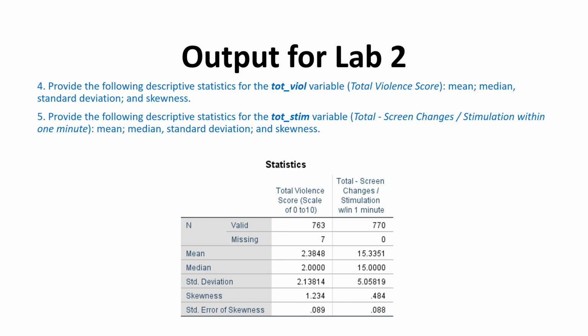There's no computation needed. It's that simple. And you can see we have mean, median, standard deviation, skewness, and you'll also notice it says underneath there standard error of skewness. For this particular question, I'm not asking for the standard error of skewness. I'm just asking for the skewness value or statistic itself.